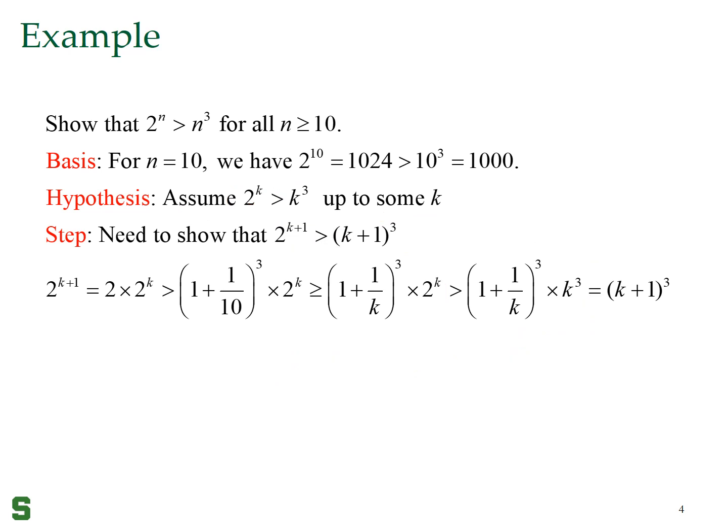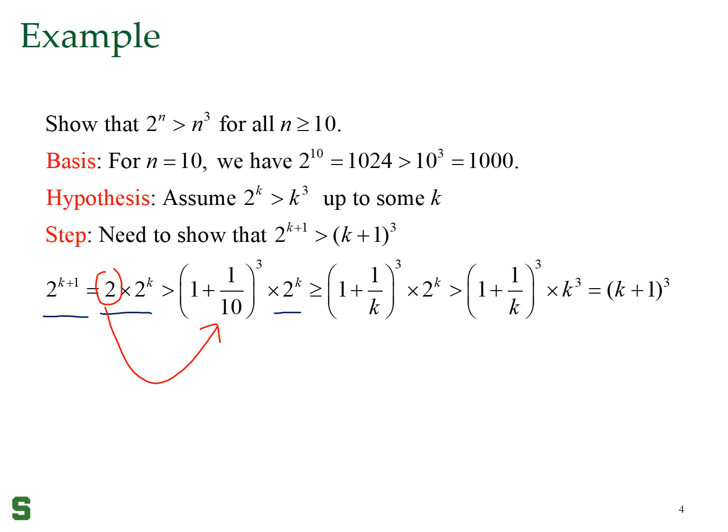Okay, so this is what we have. We're going to write 2 to the power k plus 1 as 2 times 2 to the power k. I'm going to keep this term 2 to the power k as is, and I'm going to substitute this value 2 by this expression (1 plus 1/10) to the power 3.